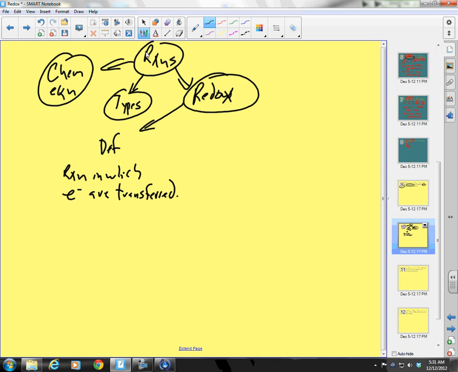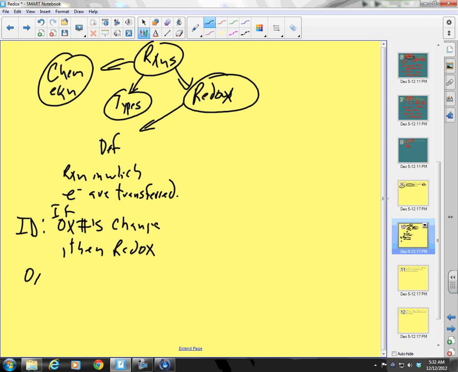Now, how can we identify redox? Well, we use our old friends oxidation numbers, right? If oxidation numbers changed for my atoms, then redox occurs. All right, good. And we said we can have oxidation, and during oxidation, what happens? Well, one of my species loses electrons, and what happens to its oxidation number?